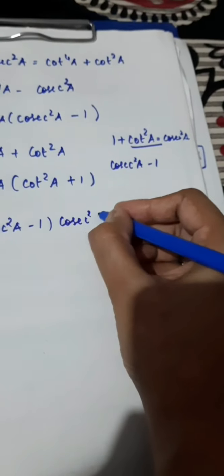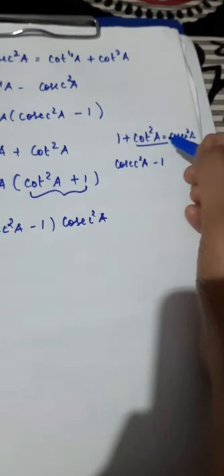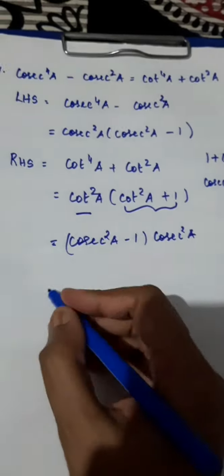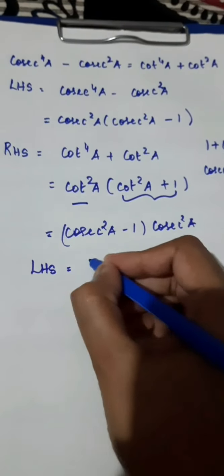So this is cosecant square A. The second part is just cosecant square A. So LHS is equal to RHS now.